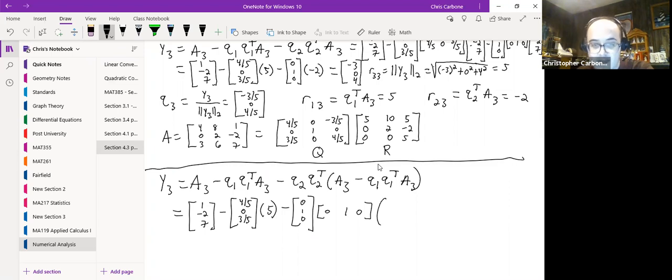This would be times A sub 3. So 1, negative 2, 7 minus 4/5, 0, 3/5 times, from what we got before, again, 5.